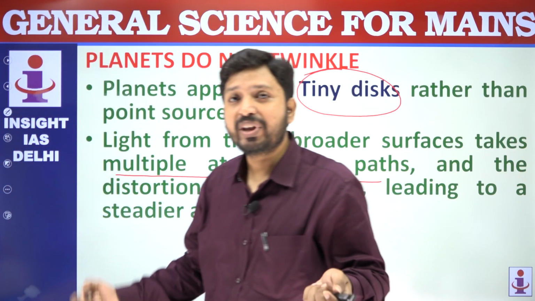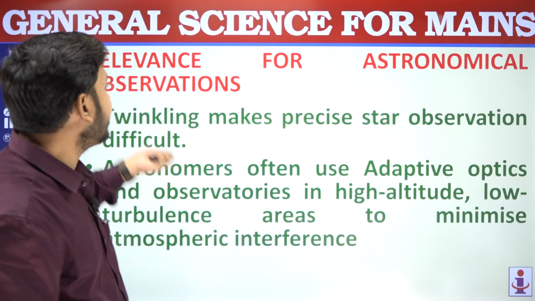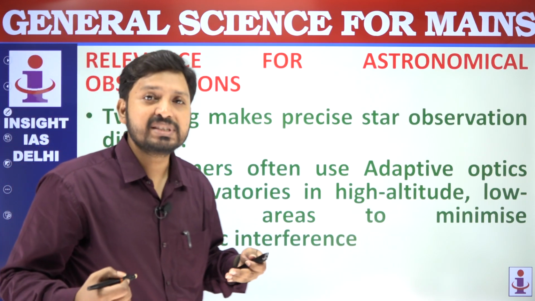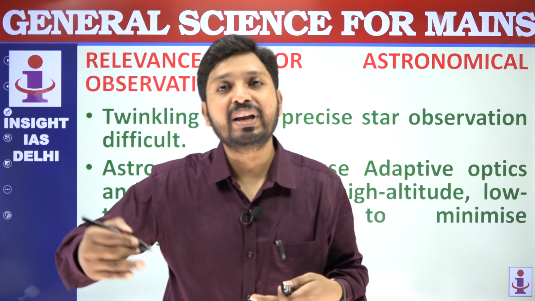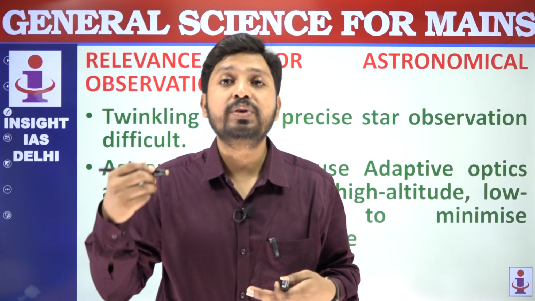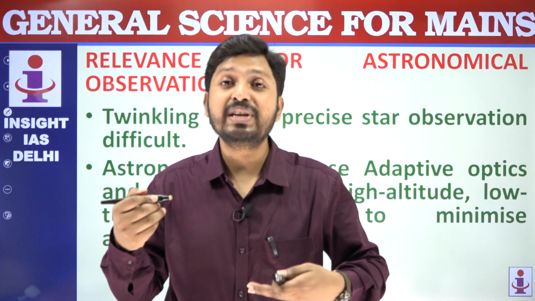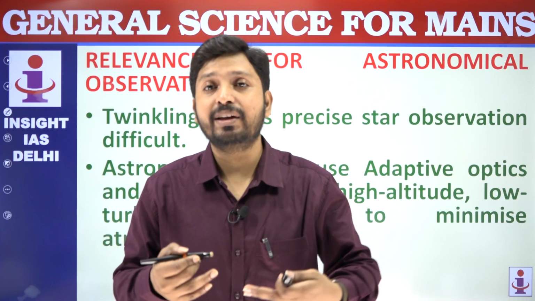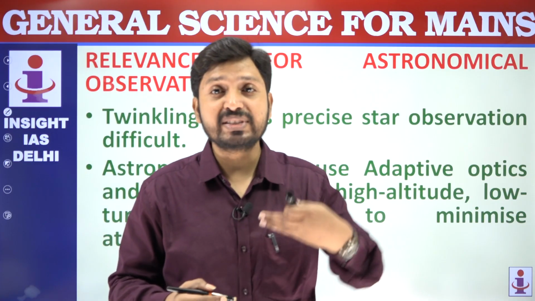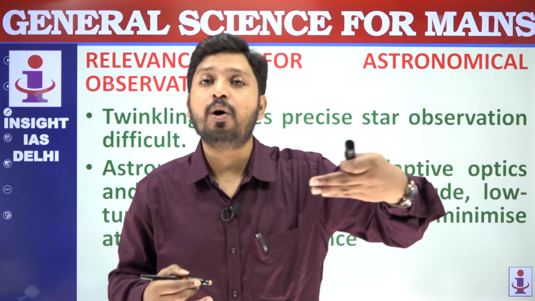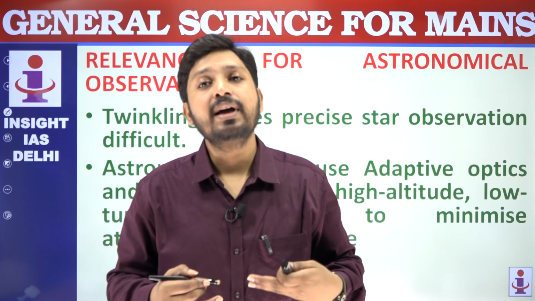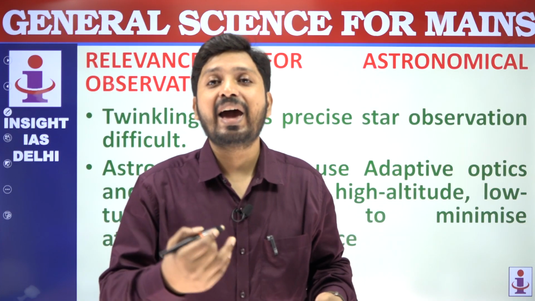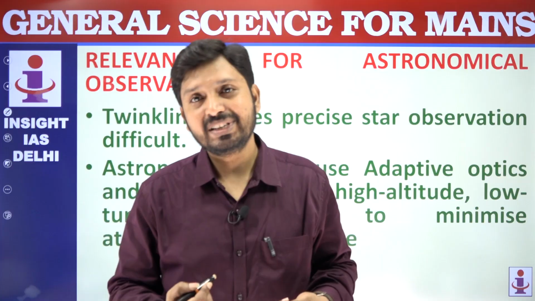So why is this very important? For example, consider the relevance for astronomical observations. When we see the stars and there is a twinkling phenomenon, we cannot observe the stars well, and the images we take from telescopes will not be clear because of the twinkling. But when we see Earth-like planets or any other planets in the universe, as there is no twinkling, we can have a proper observation of these planets.